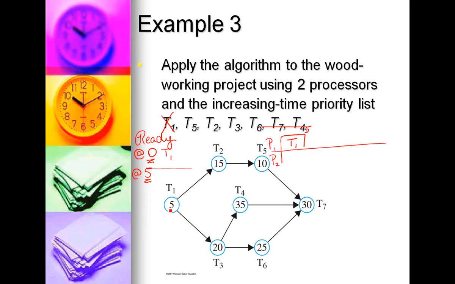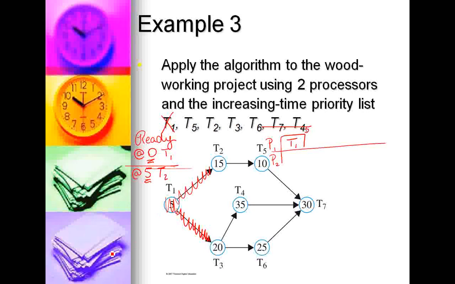So we have to figure out what happens at 5. Well, what happens at 5 is T1 is finished. If we look at this, our new sources are T2 and T3. So T2 and T3 are our ready tasks.